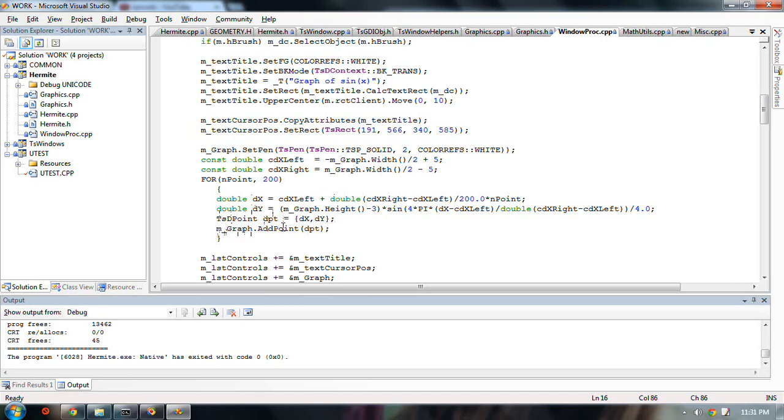I added points going... Everything is a rect, if you recall, so it has a width.